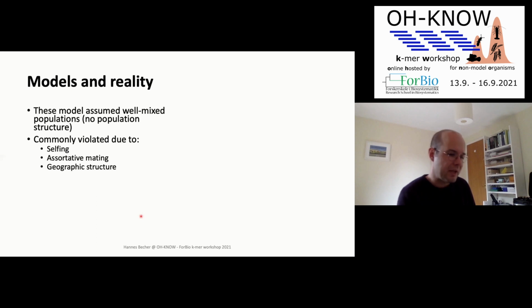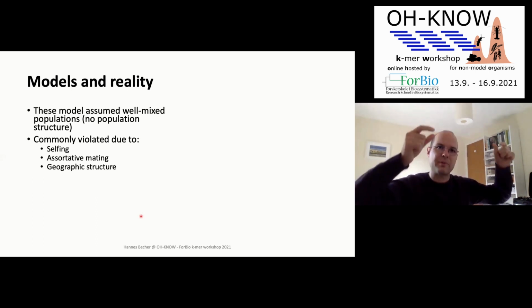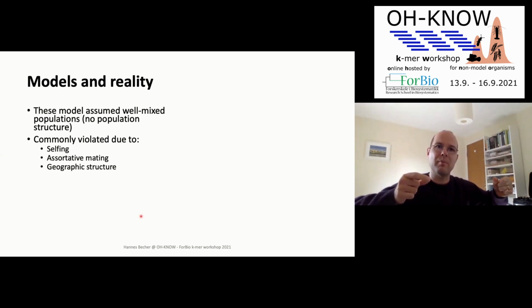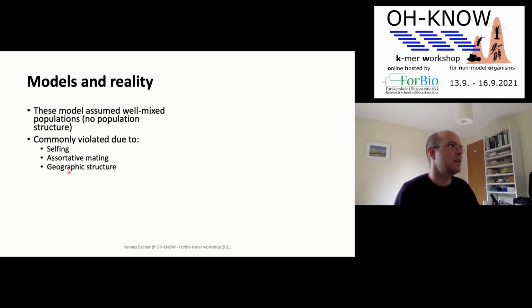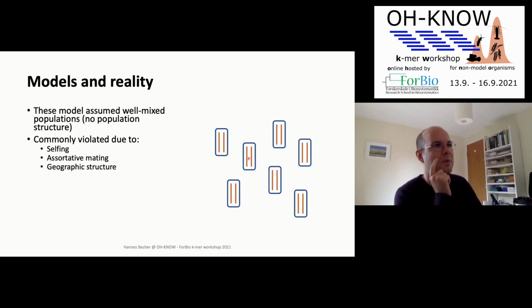And you sometimes find lineages that self through time, but diverge from one another maybe. You also often get assortative mating when within one population it is not random which individuals mate. And of course there is geographic structure where individuals that are geographically close are more likely to mate than individuals that are further apart. And so our nice panmictic population is a model, but it's different to reality.